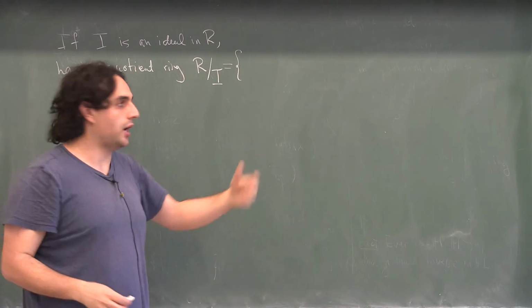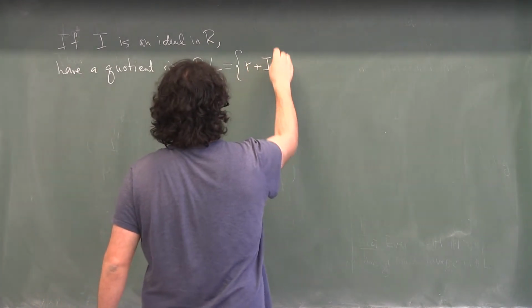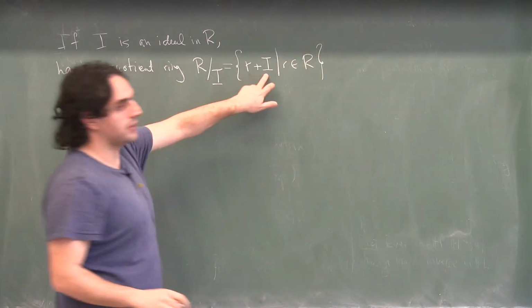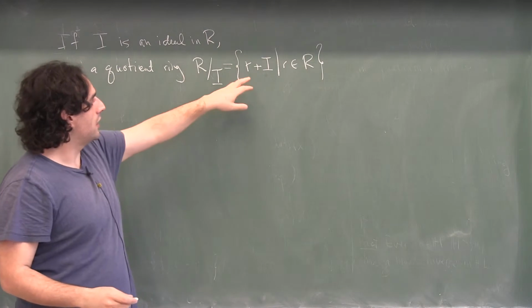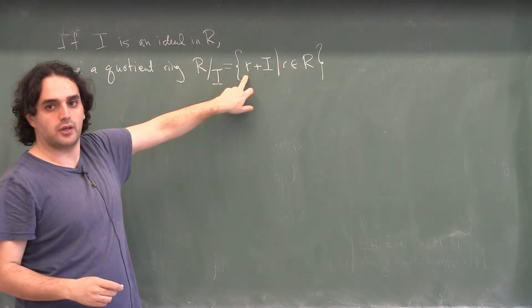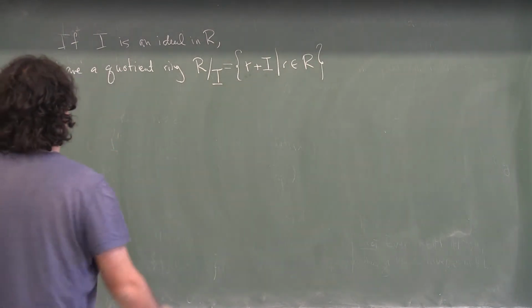Now we write them additively. So this is the set of all r plus I with r in R. This r plus I signifies the coset of I in R represented by the element little r in big R.